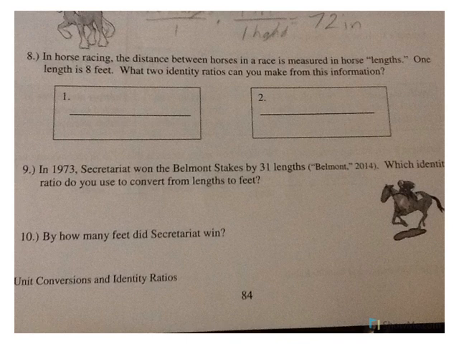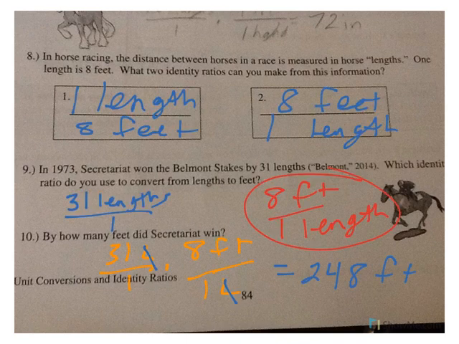Okay, I want you to go ahead and answer 8, 9, and 10, and then come back and check your answers. Okay, you see the two different identity ratios. One length is 8 feet, so you can have the 8 feet over one length or one length over 8 feet. In number 9, Secretariat won the Belmont Stakes by 31 lengths. Which identity ratio would you use?